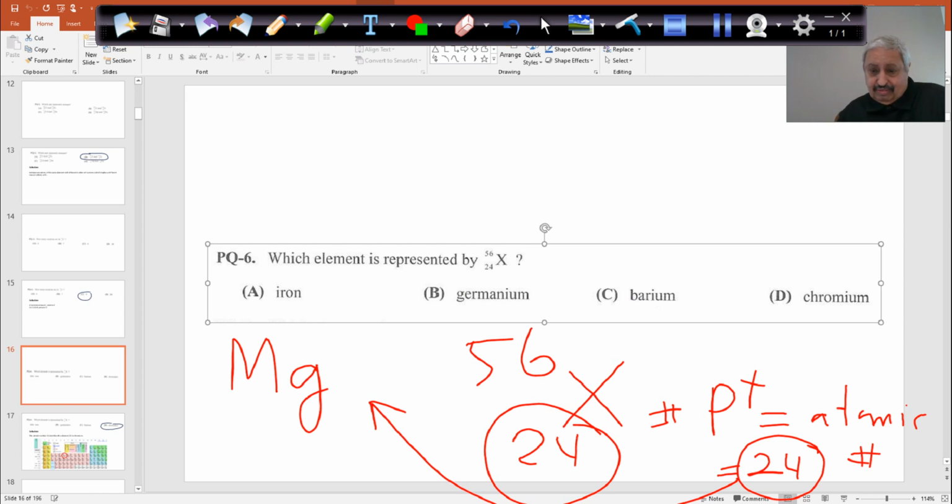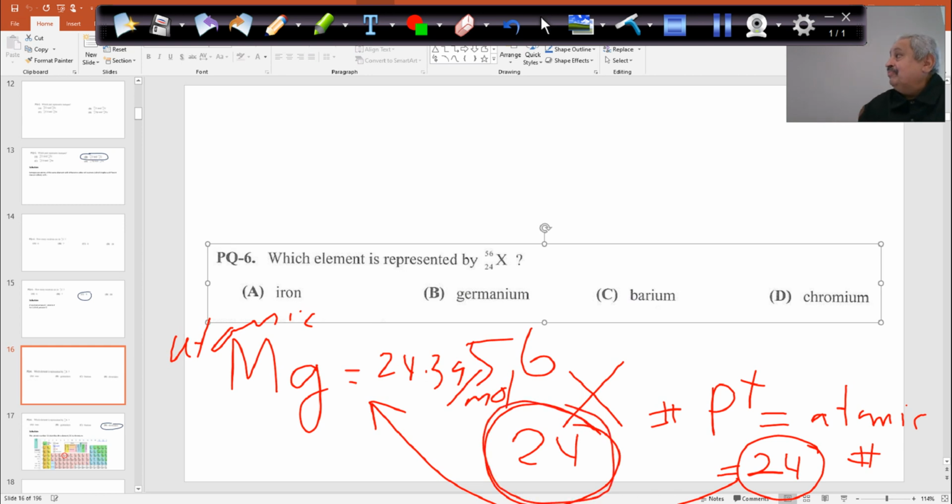No, that's atomic mass. Sorry, magnesium has atomic mass 24. Sorry about this. The atomic mass of magnesium is 24.3 grams per mole, or AMU. Look at the table, 24.